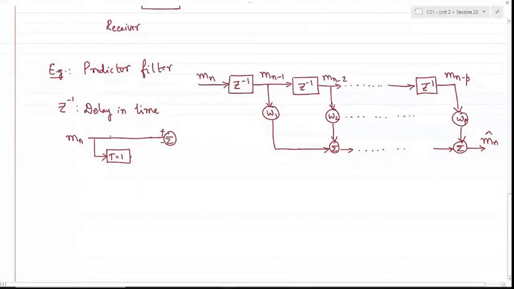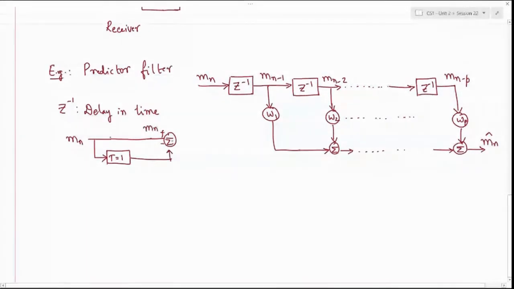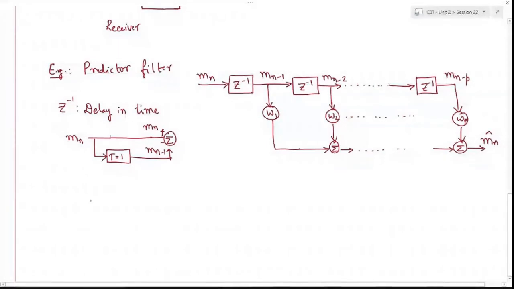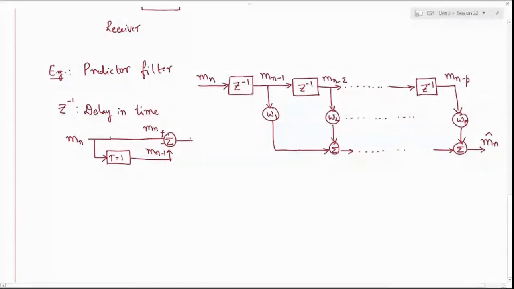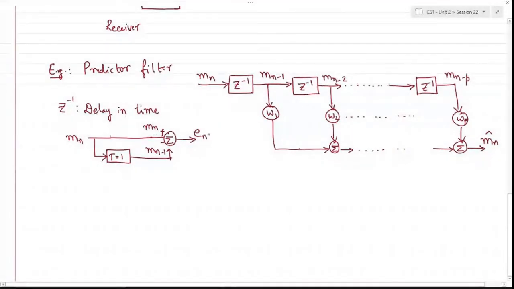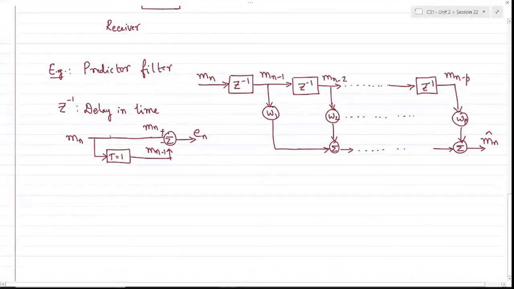Okay, this is mn, and this will be mn minus 1. The difference between two successive samples, so that will be the error. In other words, the error is simply the amount of correlation between two adjacent samples. So this is 1 unit. Say this one z inverse means delaying for 1 unit.